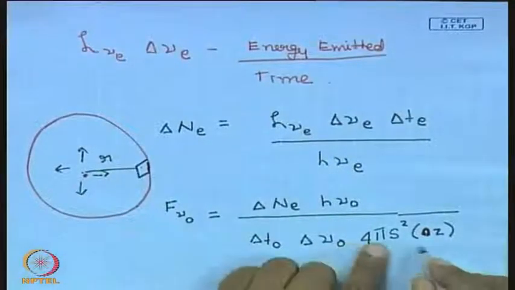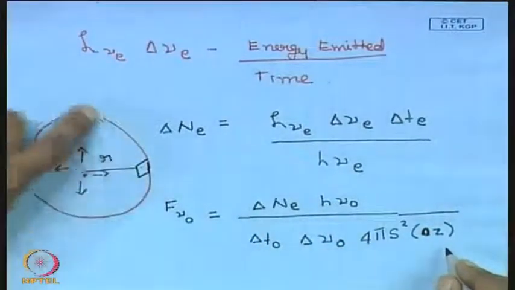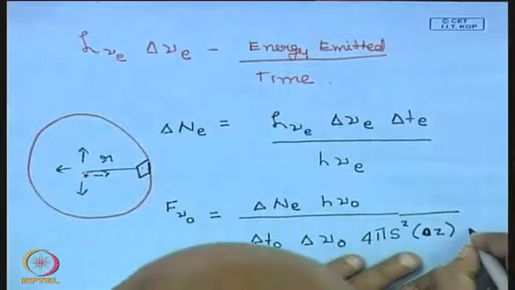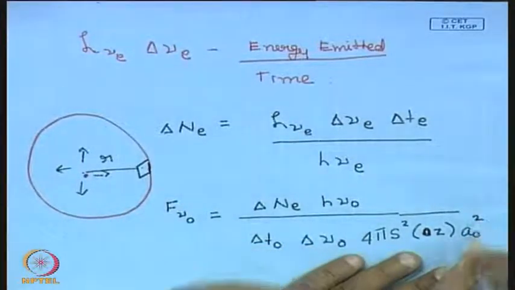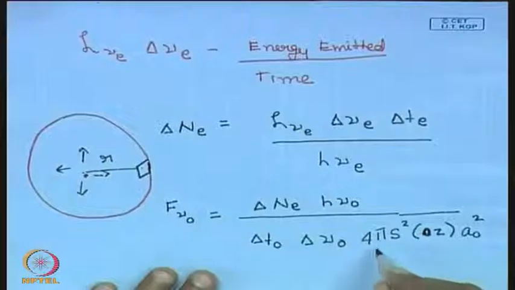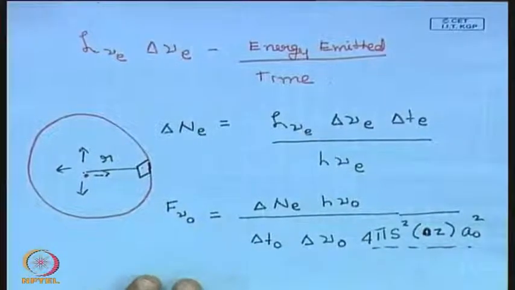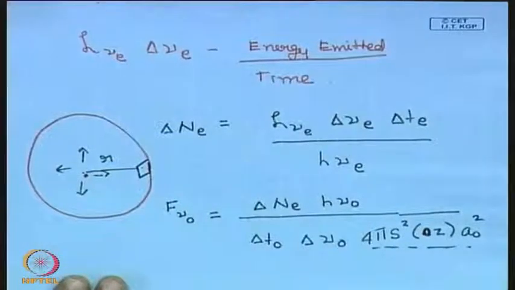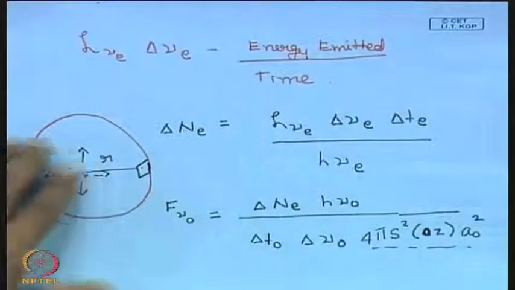But the scale factor at present has a value unity. So, actually there should be a naught square here also. This is the area of the sphere at the instant when the observation is done, but a naught we have assumed to be 1 because the observer is at present. So, this is 1, this will give us the flux in the interval delta nu.